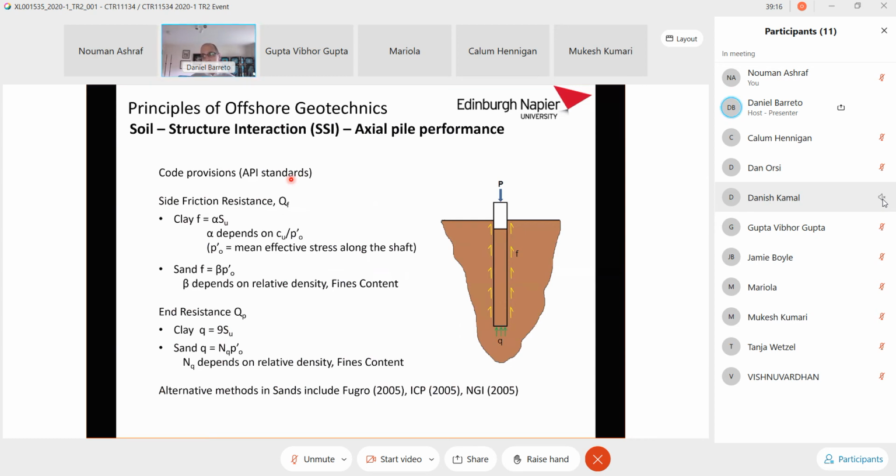But it is well recognized by industry at the moment that such designs based on that type of standard produce very expensive designs that are very conservative, which yes, it's good that they are conservative because they are safe. But one point that you must always keep in mind is that any saving that you can make in a pile design equals a lot of money.